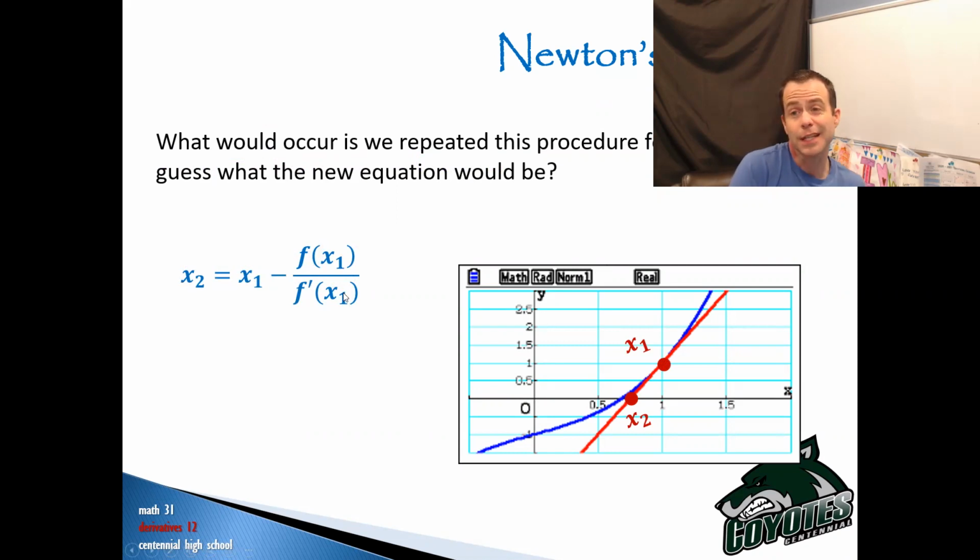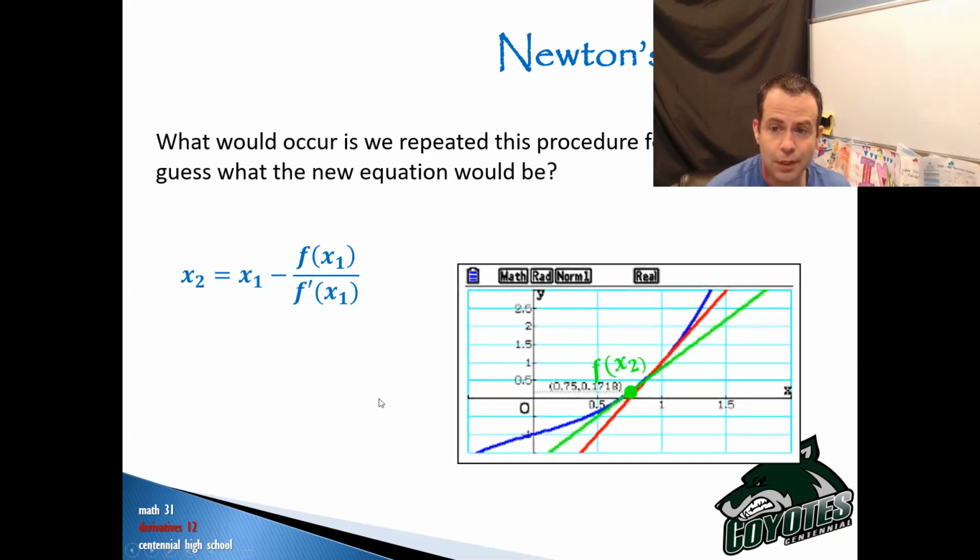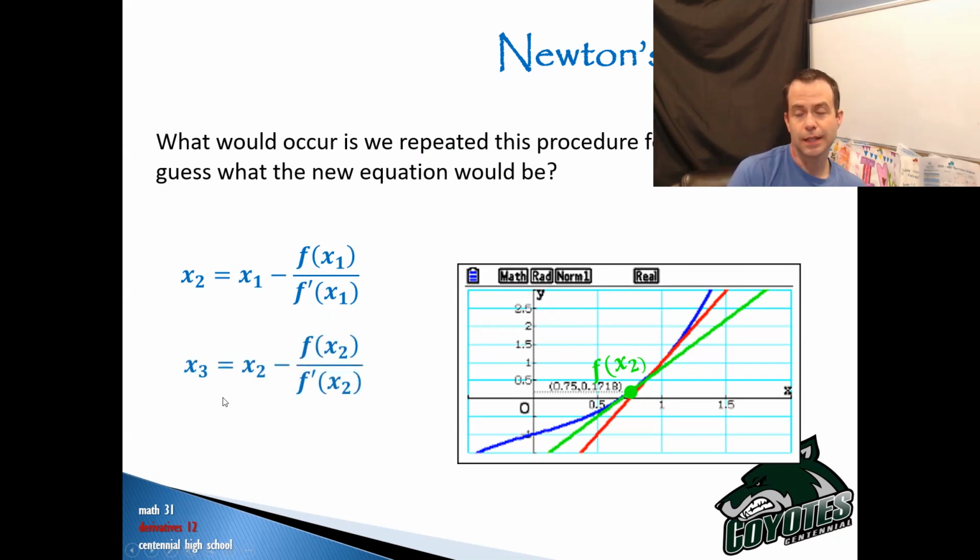Well, x3 is just going to be x2 minus f of x2 over the derivative of x2. So here I go doing x2, getting it a little bit closer, and now looking for that x-intercept, and it ends up being exactly what I just said. We go through that whole process one more time, and we end up with x subscript 3 equals x2 minus f of x2 over the derivative of x2.